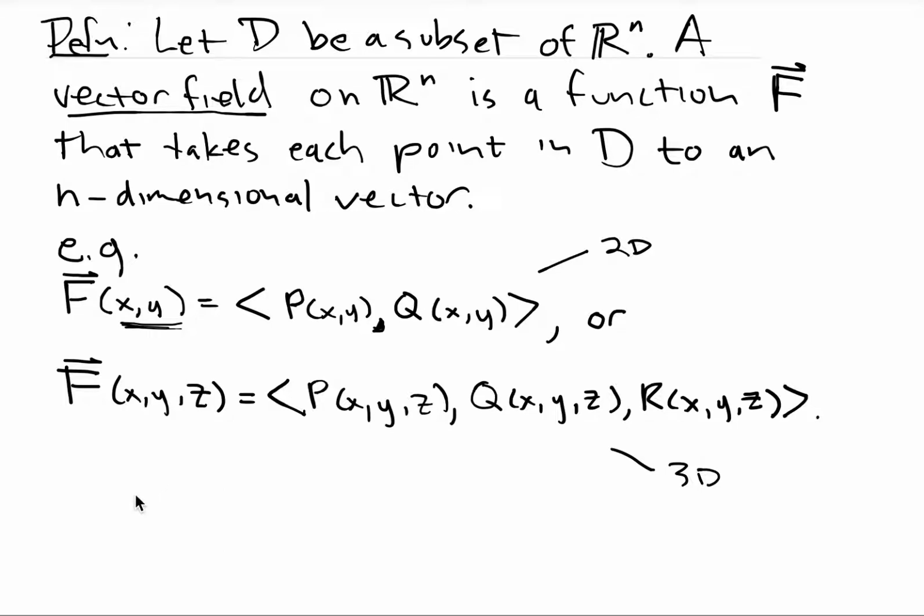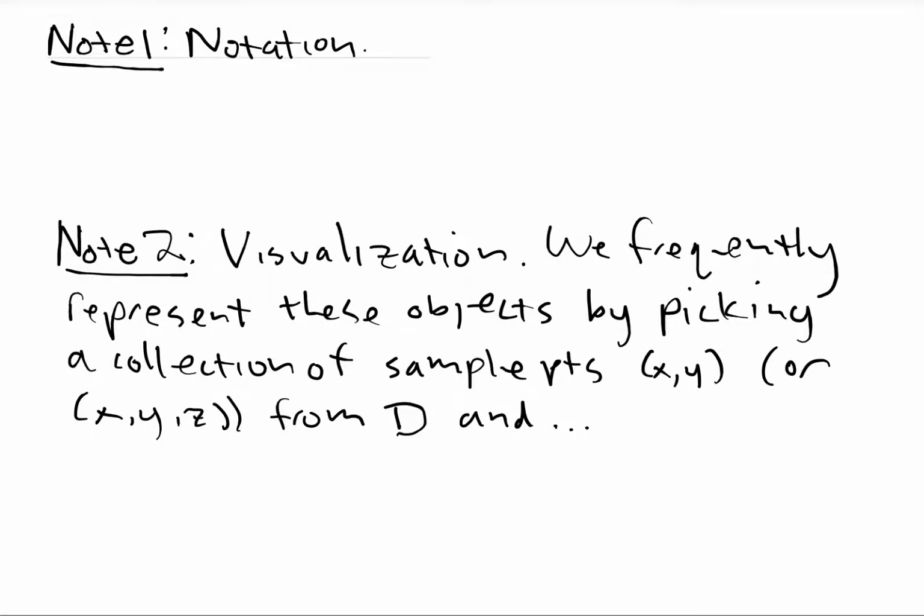Now, question from this, that's all well and good. What's the deal with the notation? What do these things look like? Well, let's focus on that for a hot second here. Notation. One thing that you will note is that when I wrote this function down on that last slide, that capital F had a big hat on it.